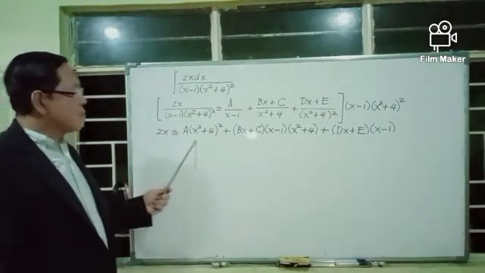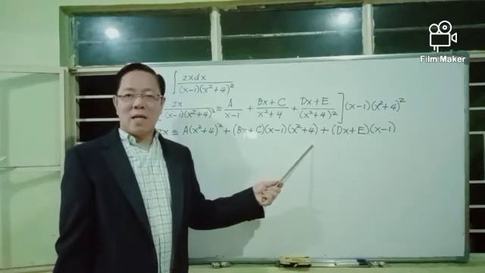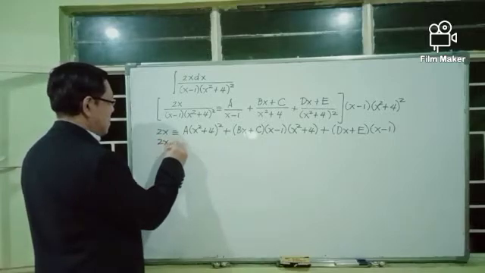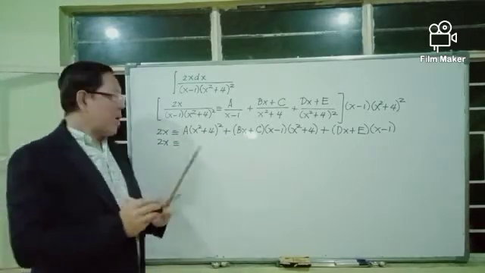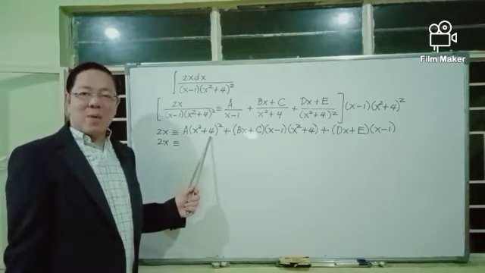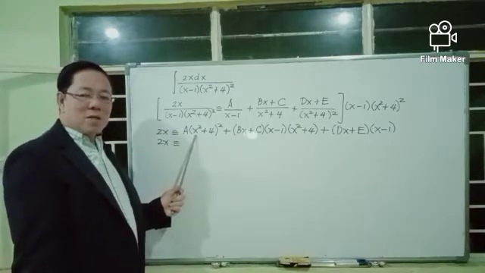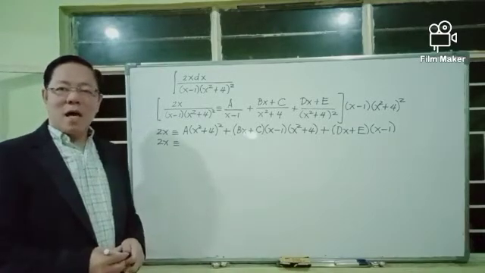We remove the grouping symbols at the right hand side and collect like terms. To the square of x squared plus 4, we apply the special product rule for the square of a sum. We have A multiplied by the square of x squared, which is x to the 4, giving Ax to the 4.